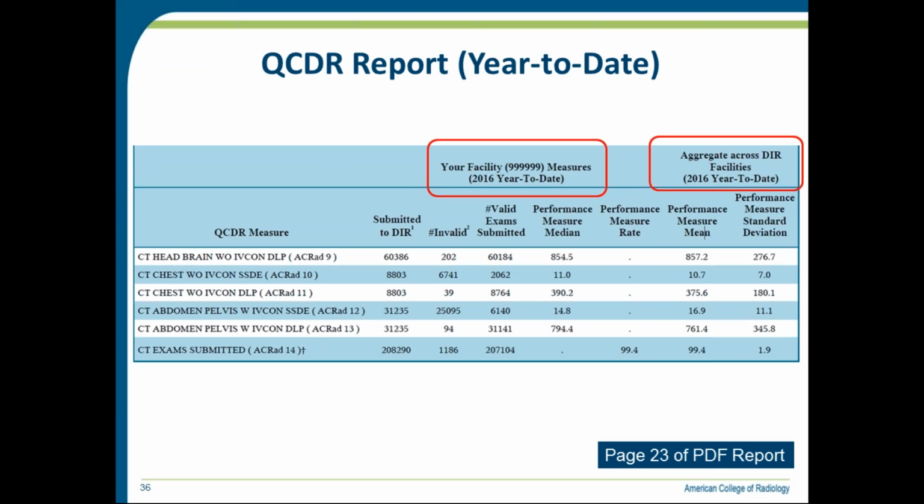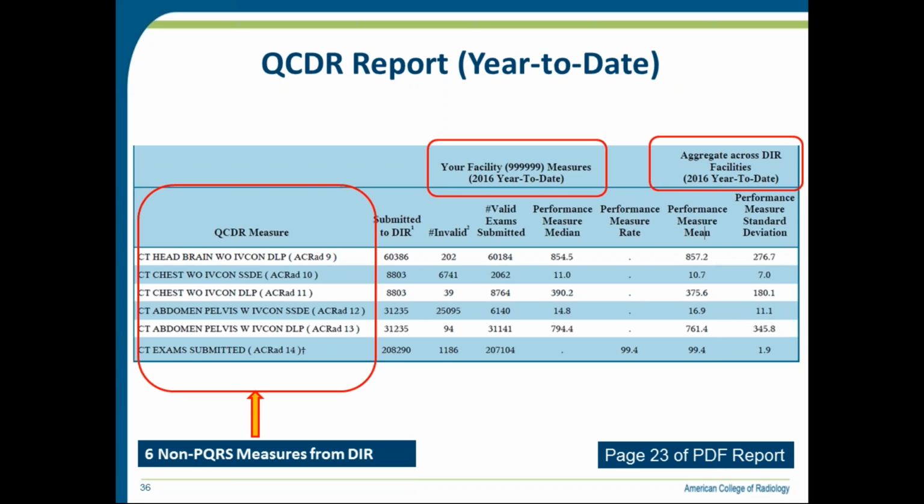So this comparison might be a little different, but not much. If you see that you are doing better than most facilities in DIR, and your performance measure median is very close to or better than the performance measure of DIR, then probably you are on the right track.